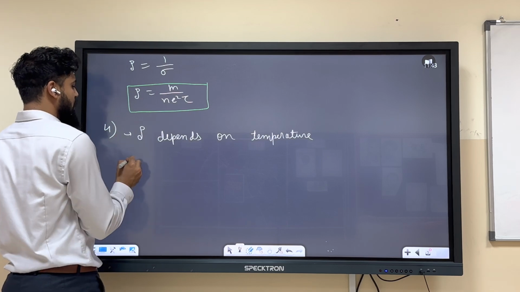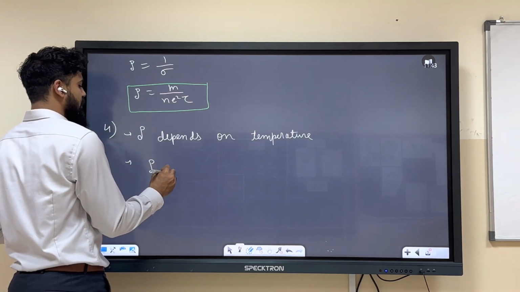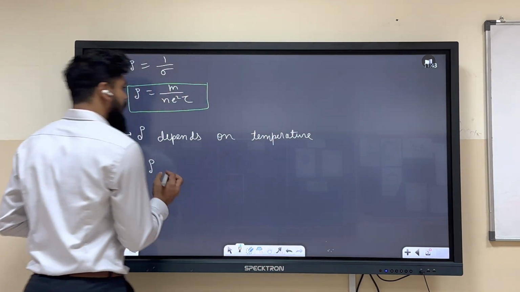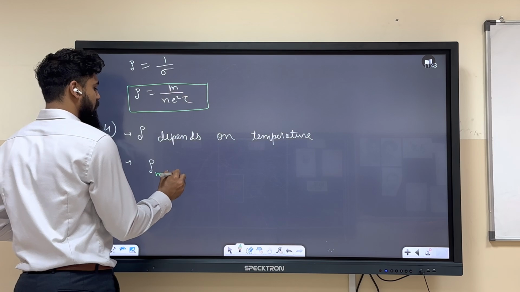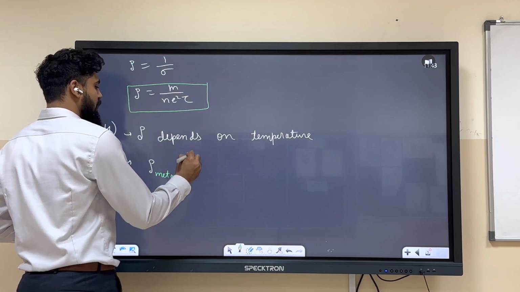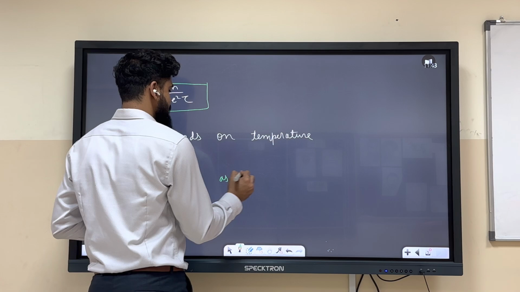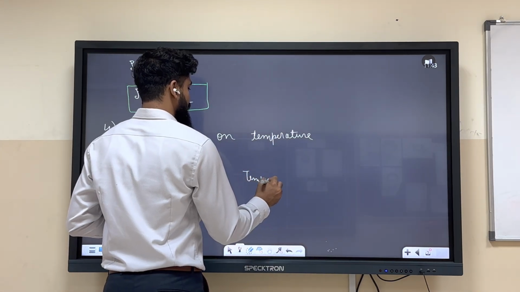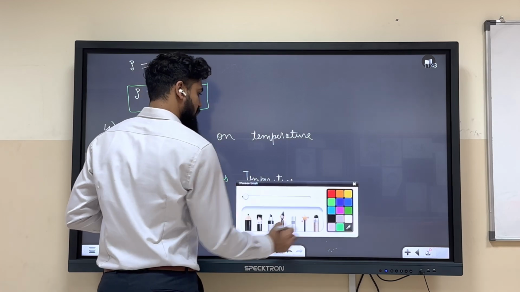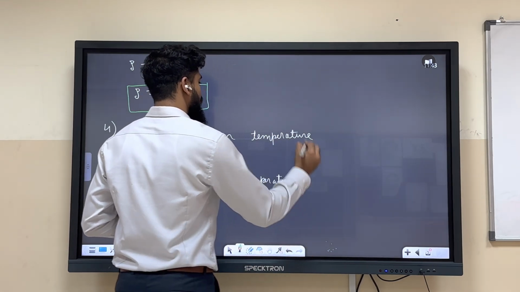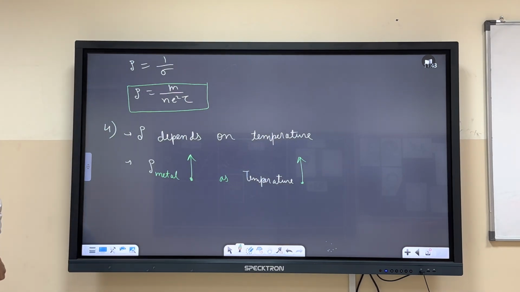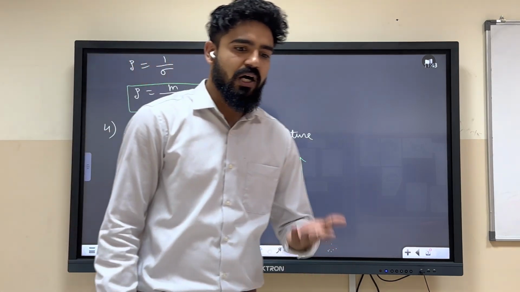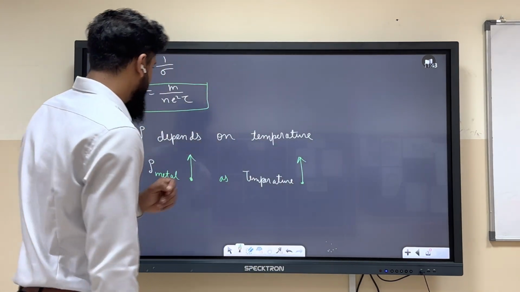Just giving you some clue: resistivity of a conductor or metal will increase as temperature increases. Resistivity of metal increases as temperature increases. That's why the resistance of the conductor increases with temperature. We will discuss why.